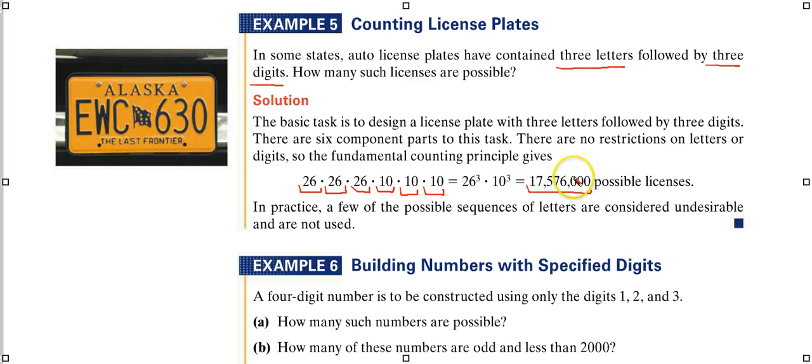So again, there's more possibilities than people in the whole of the United States. So that's a pretty big number. Now in practice, they say a few of the possible sequences of letters are considered undesirable and aren't used. And you might say, well, what would that be? Well, again, the idea of a 0 and the letter O might be something you don't have.